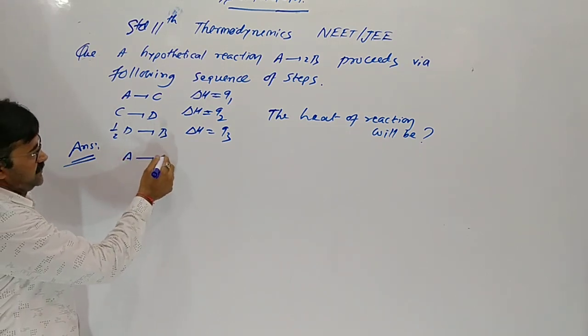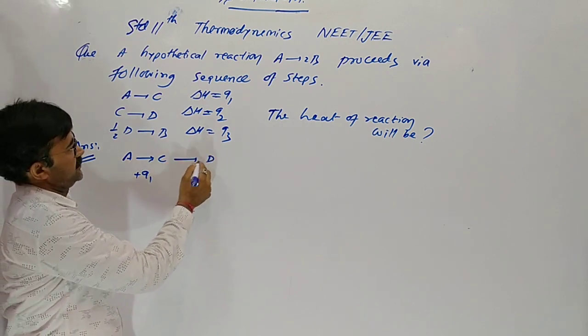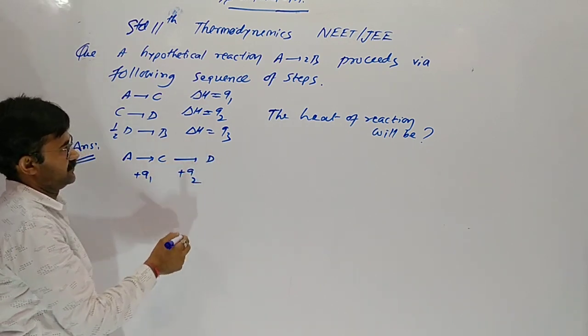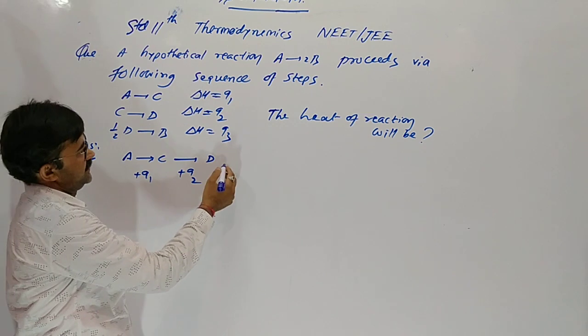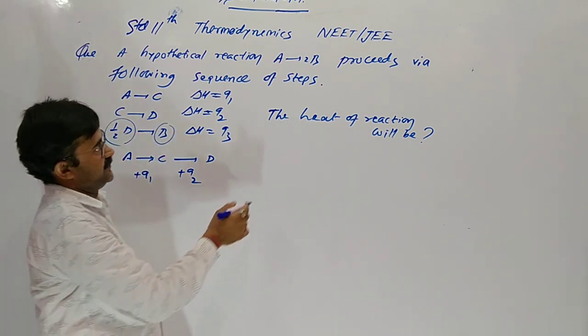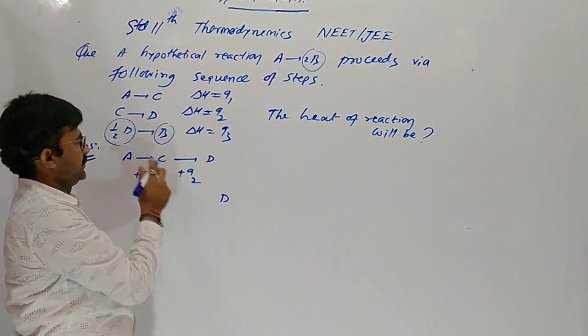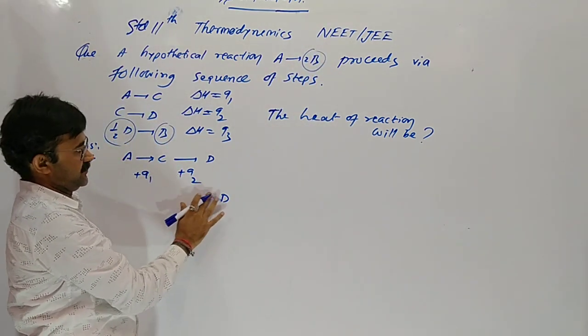So here the answer: A to C, clear? Q1. C to D, no problem, is Q2. But here 1 of D into B is given, but we need 2B. So we multiply this value by 2.